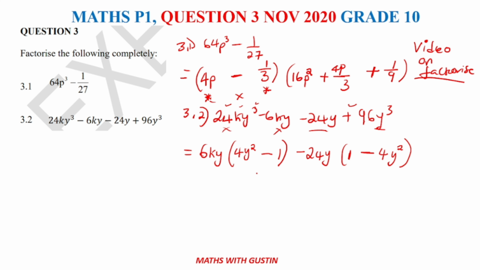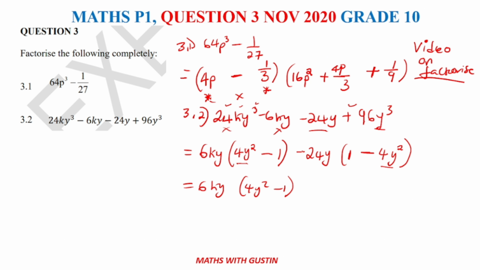All right, now I see here we have got 4y squared minus 1 minus 4y. Really is not looking good there. I think we must take out a negative 1 as a common factor here, so that these things look the same. So therefore here we take out negative 1 as a common factor.